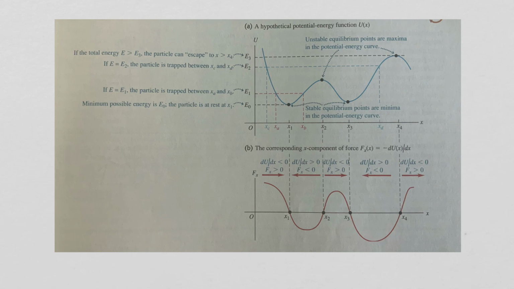Let's look at the plot of potential energy as a function of position and identify some important points that are relevant for the analysis of the potential energy function and the force that causes the particle to move along the plotted trajectory.